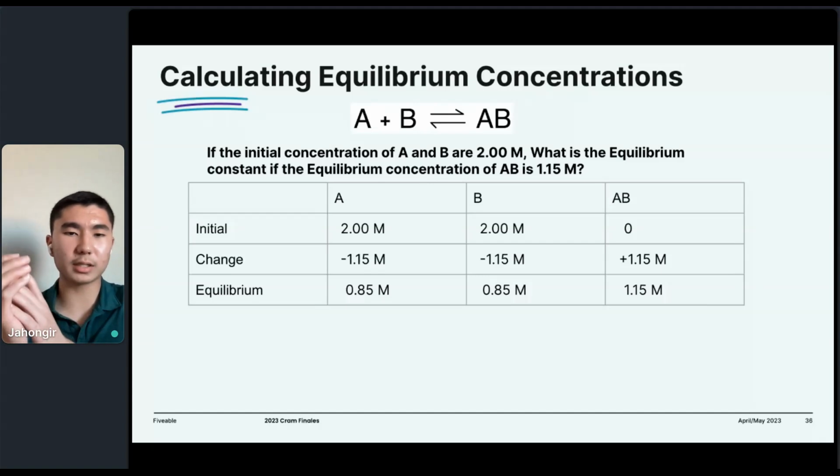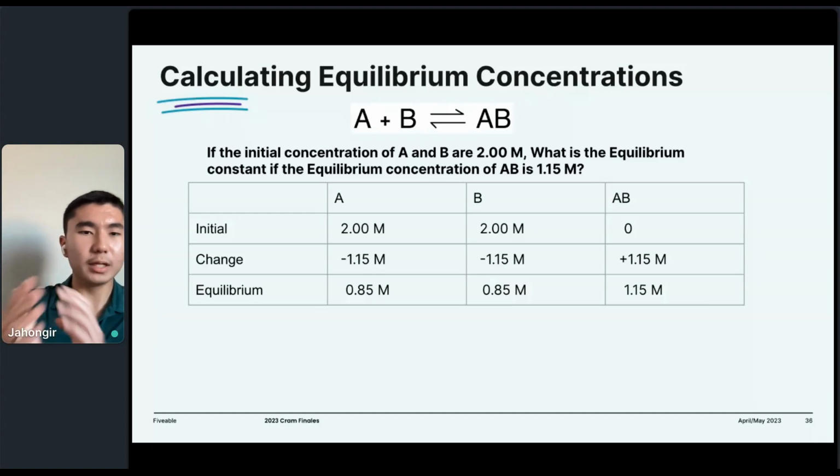What you do on the product side, you do the inverse on the reactant side. So since we added 1.55 moles for our concentration of AB, we need to subtract it from 2 moles, and then we get 0.85 for A and B, and for AB we get 1.15.